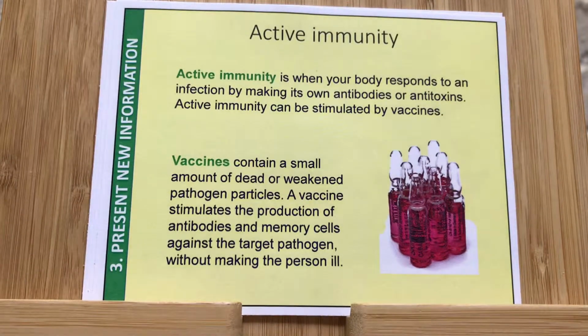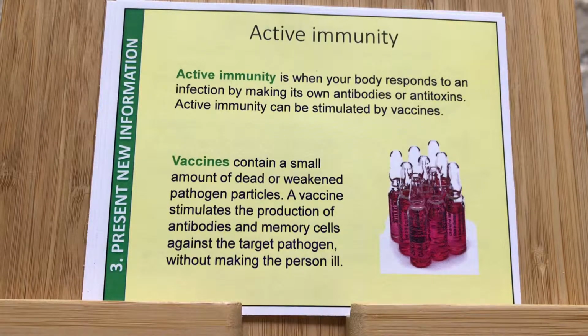So I've used the phrase active immunity already. Active immunity is about your body being able to respond for itself. Whether that is the response once you've had an infection that you've taken from somebody else, or whether it's about a forced active immunity that's occurred from having a vaccine.